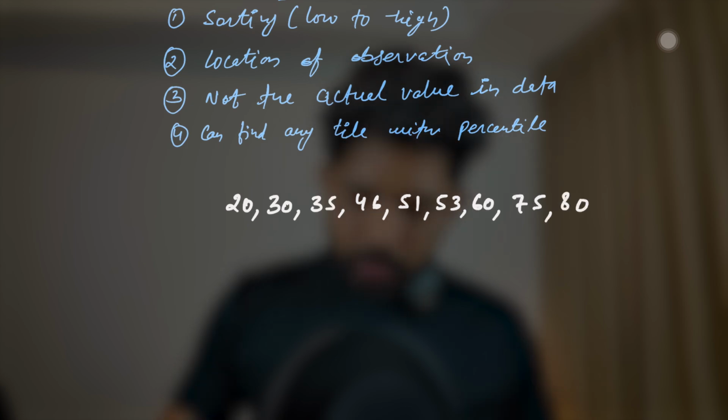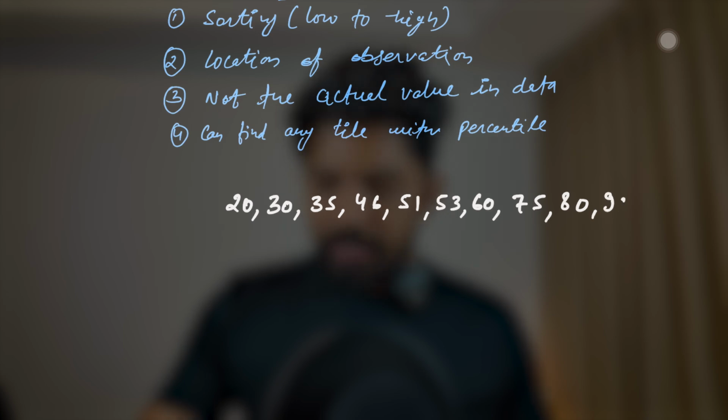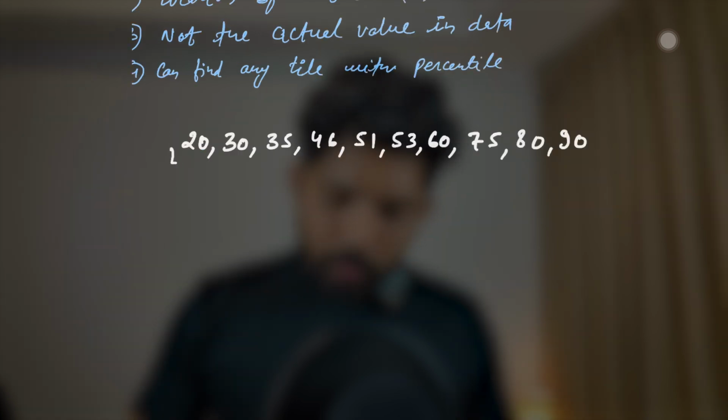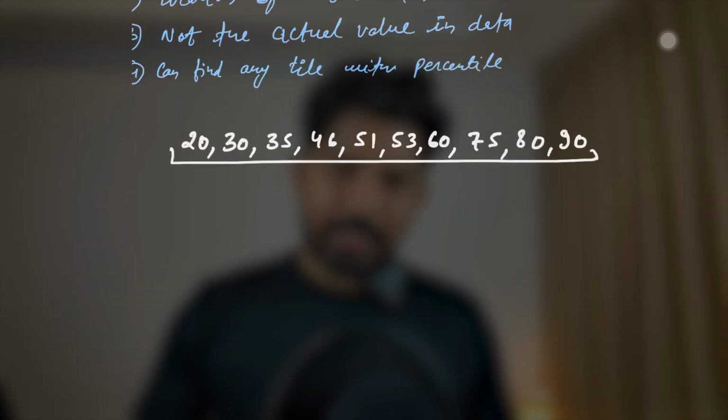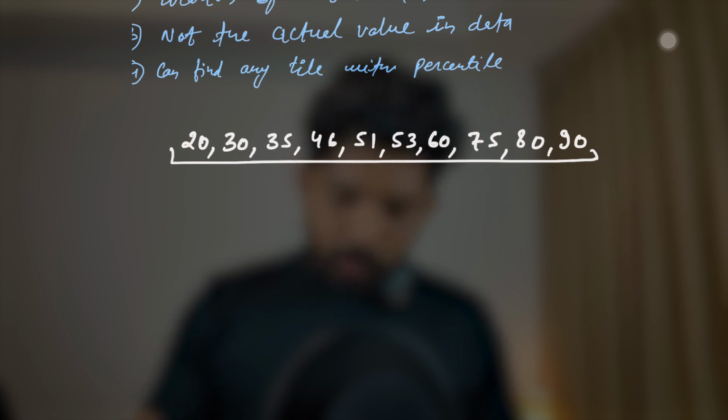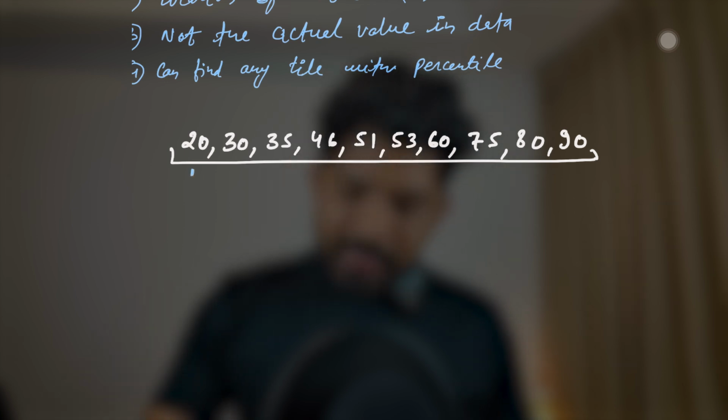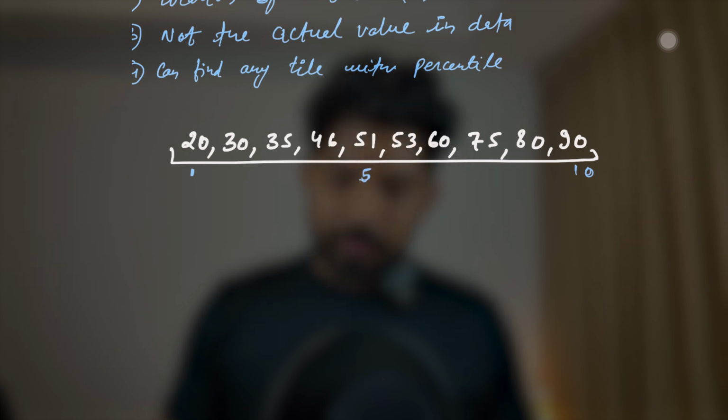So it is 1, 2, 3, 4, 5, 6, 7, 8, 9, and 10. It means we have 10 values in the data set, which starts from 1 and ends at 10, right? And this is the fifth location: 1, 2, 3, 4, 5. 51 is the median, we can say, correct?